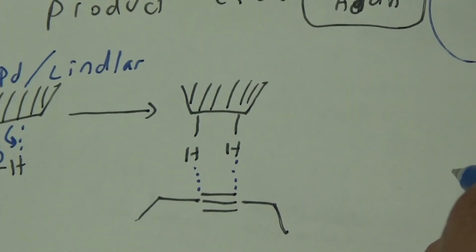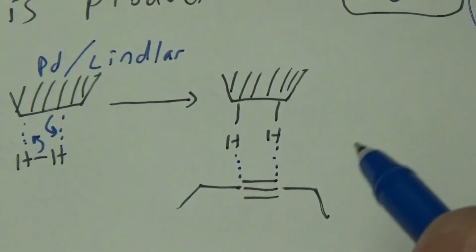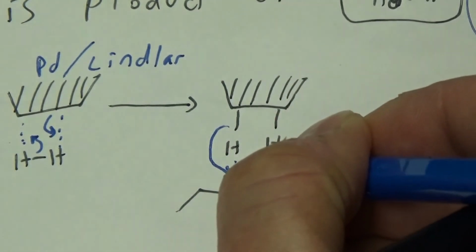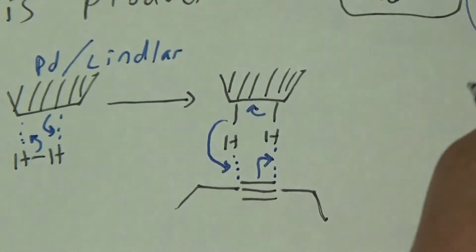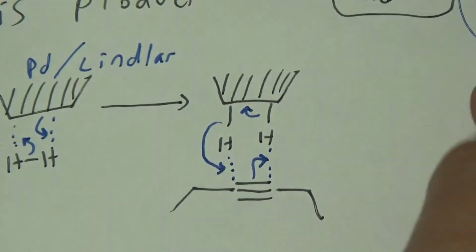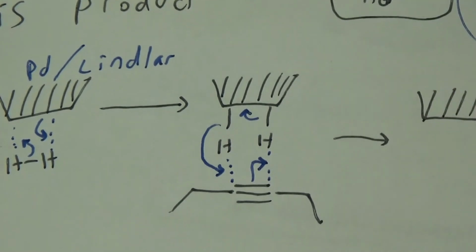It's just the opposite of the attachment: this goes there, this goes there, this goes back onto the palladium. It's 3 arrows. Now you got your catalyst back, ready for another reaction.